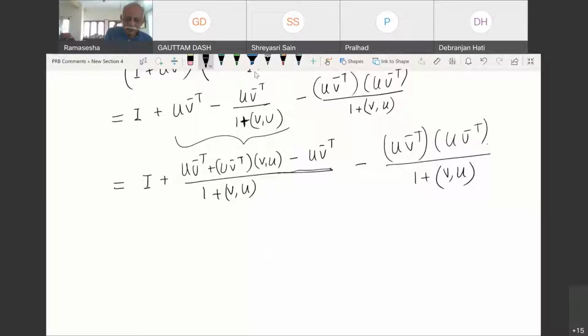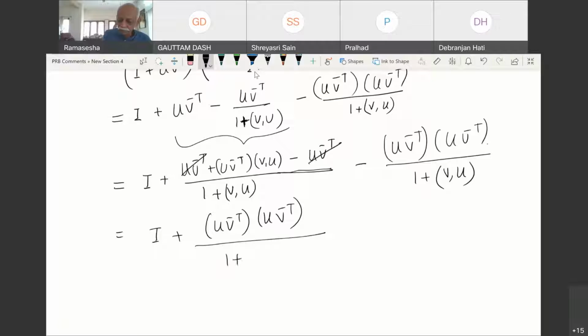So this is equal to I plus, so I have UV bar transpose into V comma U is also UV bar transpose, right? Divided by 1 plus V comma U minus of UV bar transpose into UV bar transpose divided by 1 plus V comma U, and these two things will cancel.